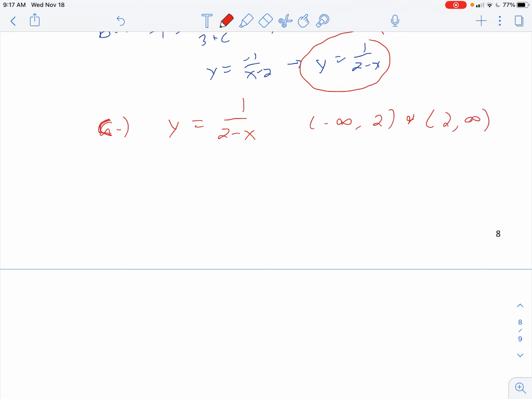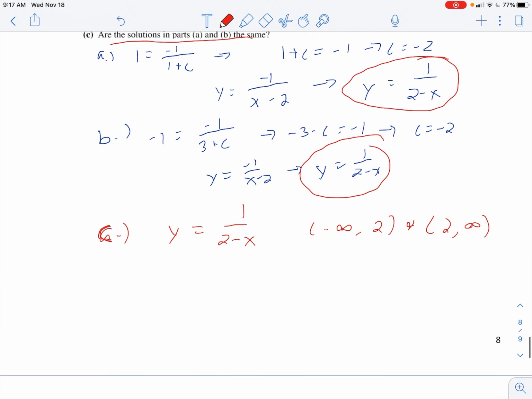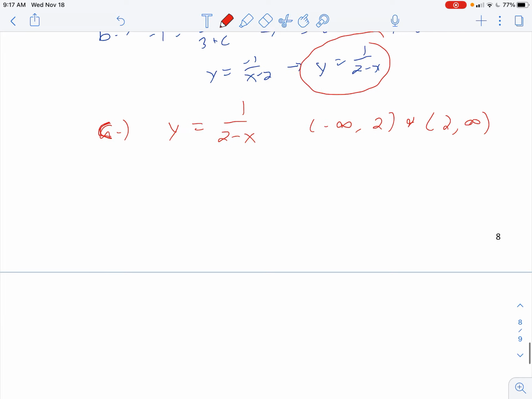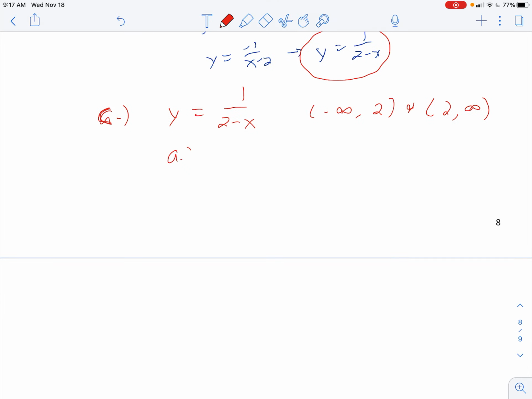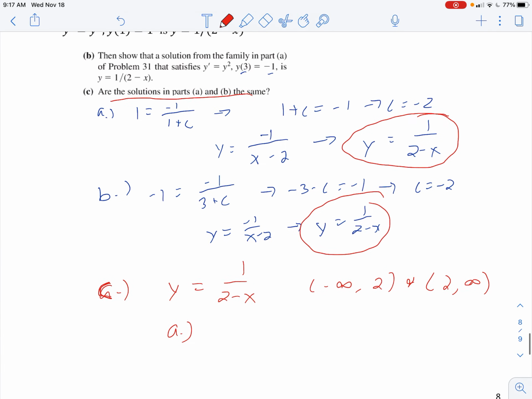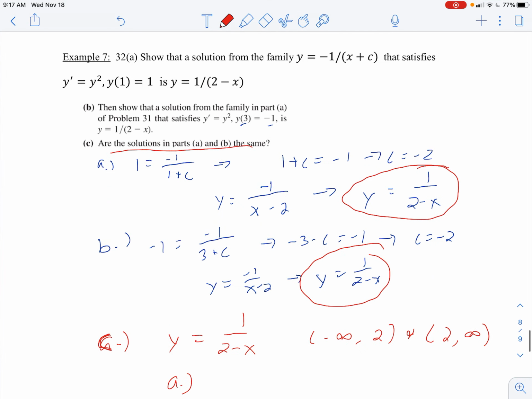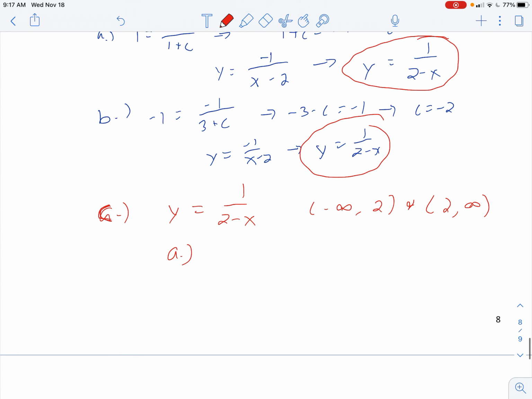So when we talk about existence and uniqueness, these are not the same, because for A, we're dealing with a point 1, 1, in this region, not that region, but this region right here. So for A, we're from negative infinity to positive 2.